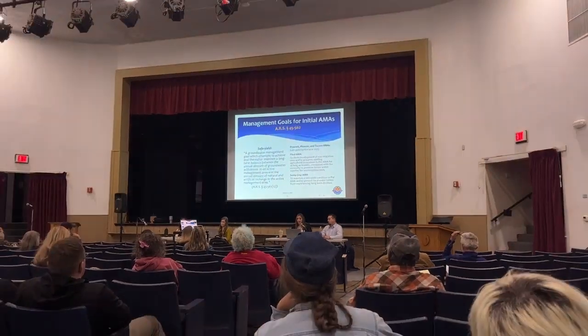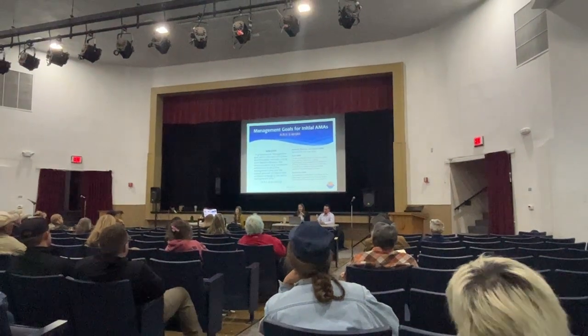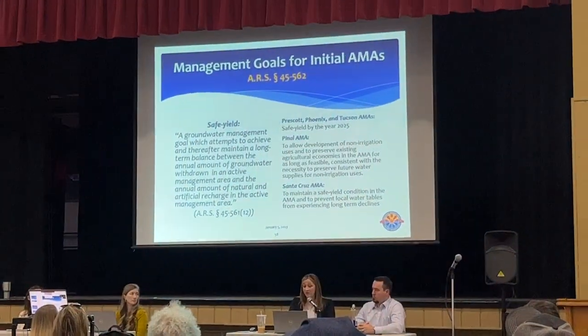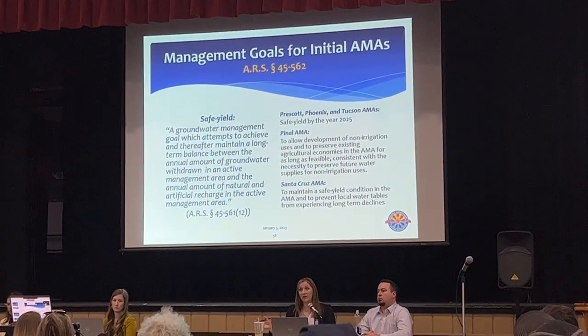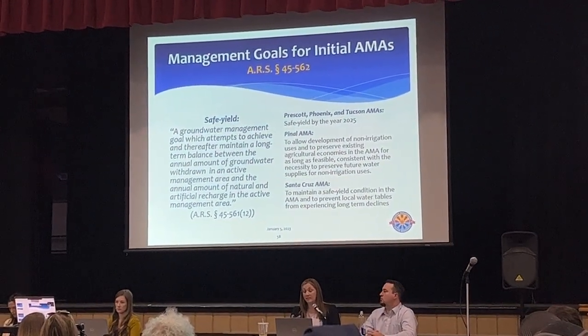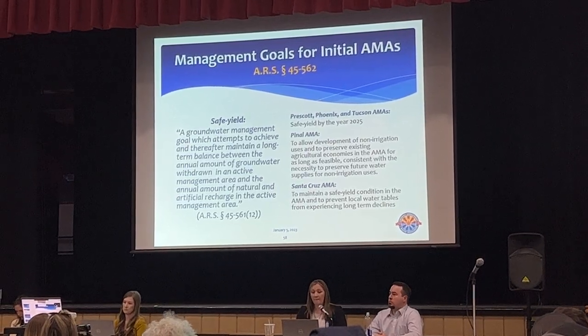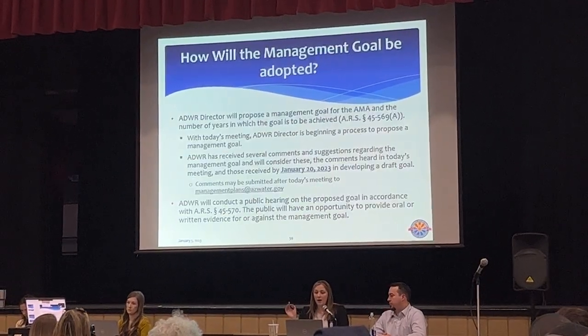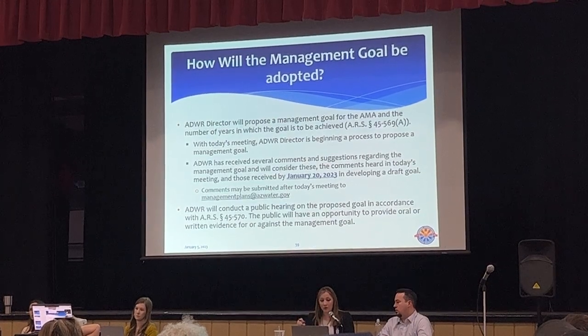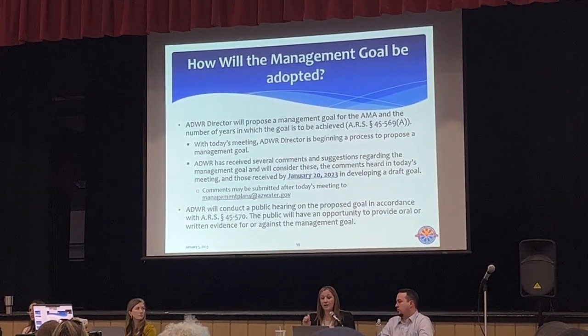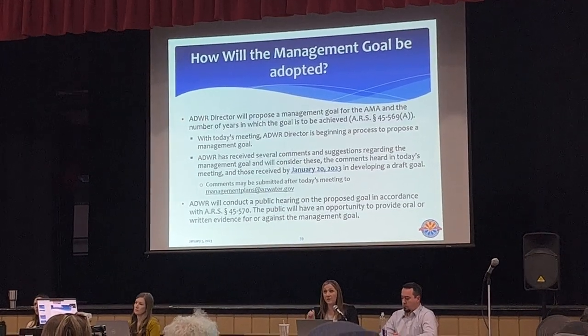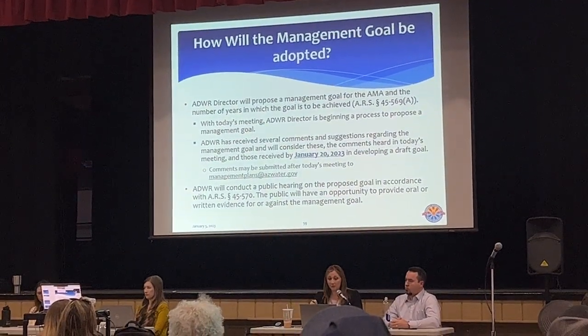So, theoretically, a goal for the Douglas AMA could be the same as one of these, or it could be something totally different, totally brand new. We're not constrained by these existing goals. What we're doing today is starting a process by which the goal will be proposed.